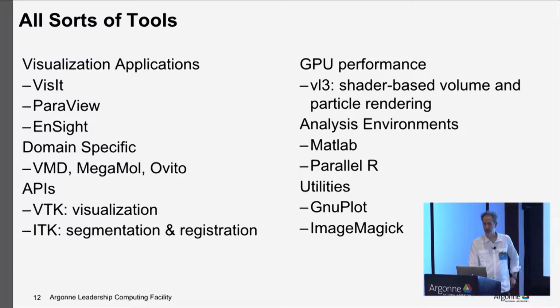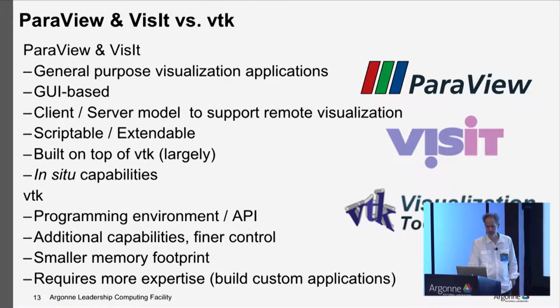So it does leverage the GPU for doing rendering. Different analysis environments and utilities like GNU Plot and ImageMagick are just a few of the tools that are out there for manipulating data and the products that they produce. And we'll talk a little bit more about that in a second.